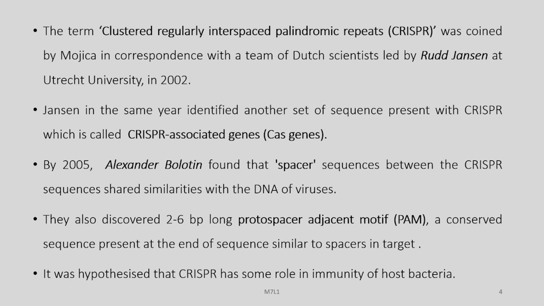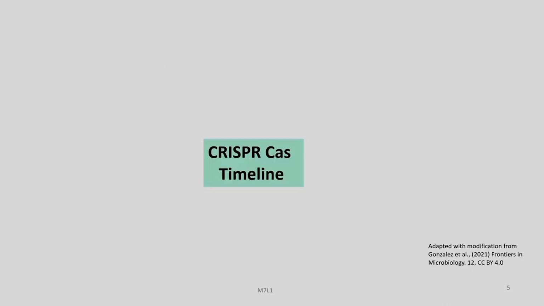By 2005, Alexander Bolotin found that the spacer sequences between the CRISPR sequences shared similarities with the DNA of viruses. They also discovered a 2 to 6 base pair long protospacer adjacent motif or PAM, a conserved sequence present at the end of the sequence similar to spacers in the target. It was hypothesized that CRISPR has some role in immunity of host bacteria, although it was not understood exactly how.